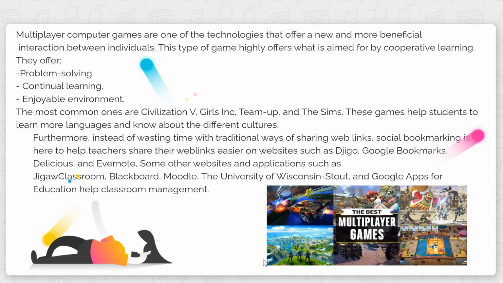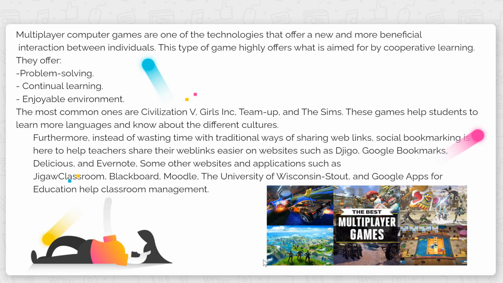Another way that can be beneficial for interaction between the students and their cooperative learning is multiplayer computer games. Now you may ask, what does a game has to do with learning? A person shouldn't play games when learning. Let me explain to you. Multiplayer computer games are one of the technologies that offer a new and more beneficial interaction between individuals, like I said.